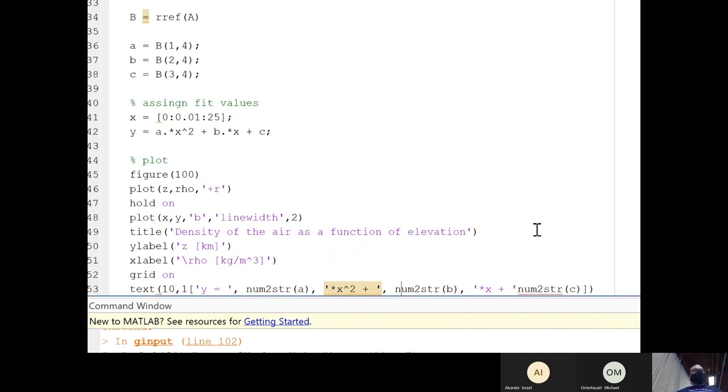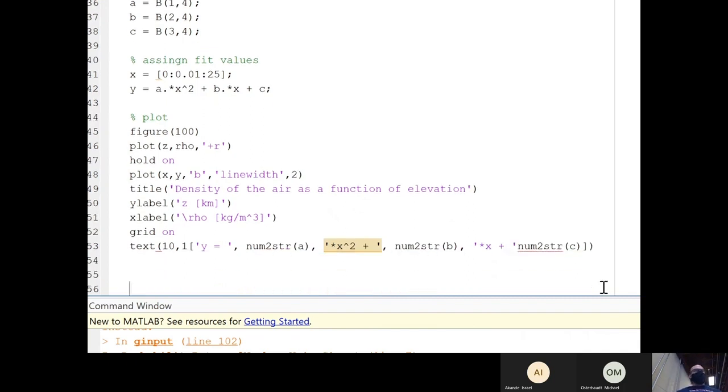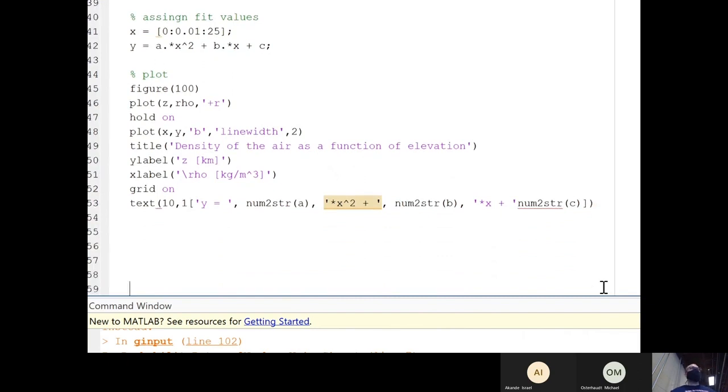On Xlabel, it'll actually make this Greek letter rho, right here. Does that work now? For some reason, it doesn't like the two things that I like. Oh, I forgot the comma after 1. There we go.